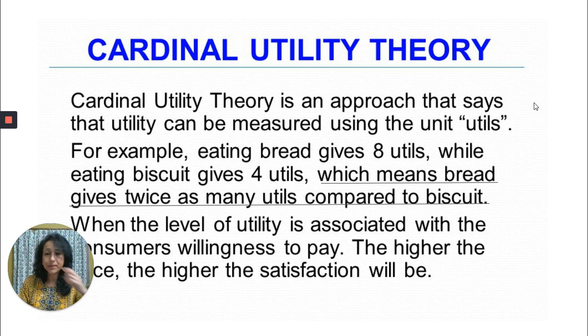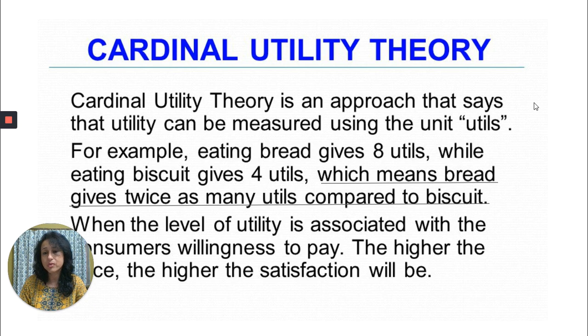Now here is an example. Suppose I buy 2 commodities, say bread and another. This bread gives me more utility, and it is a psychological concept. So I assign a value, say 8 utils, to the bread that I have purchased.